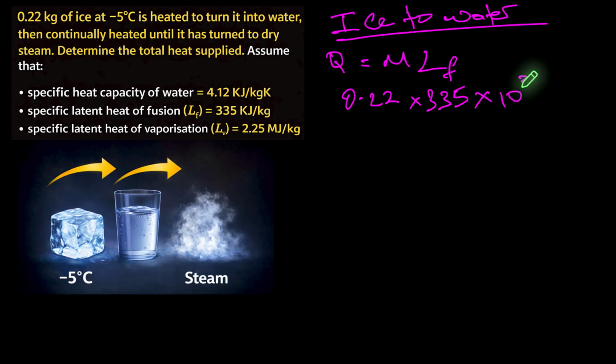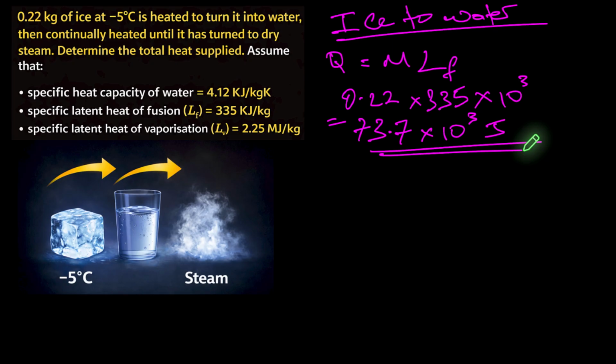And our final answer there will be 73.7 times 10 to the power of 3 joules. You can write this as kilojoules as well. So that's the first stage there. Now, that's the energy that it takes to move from ice to water.